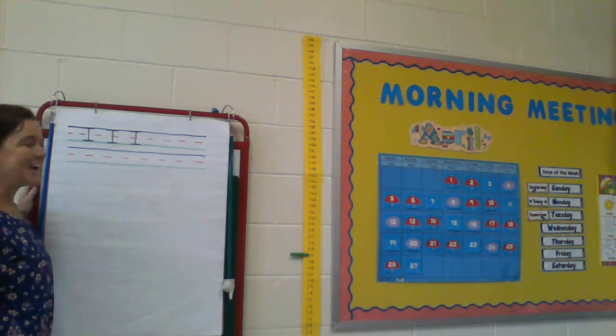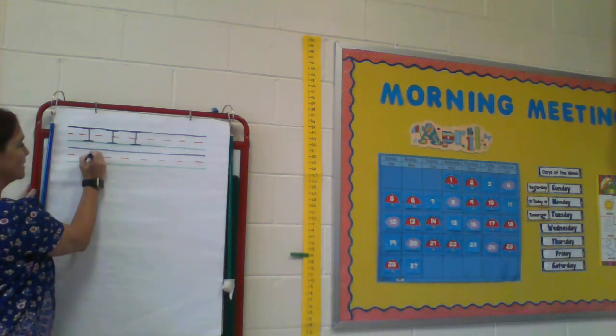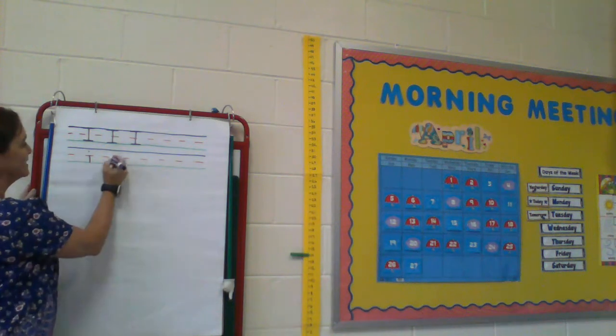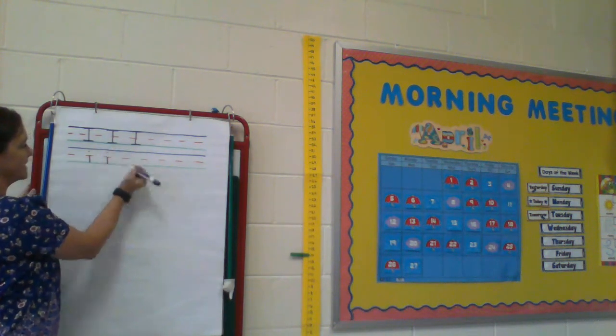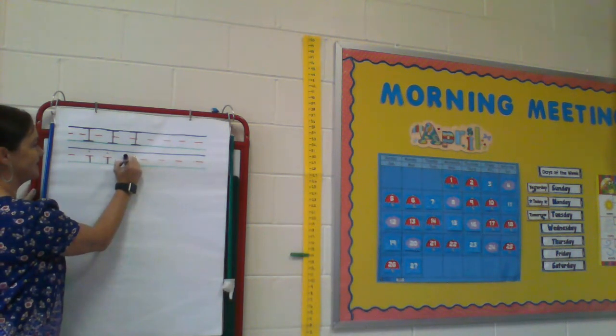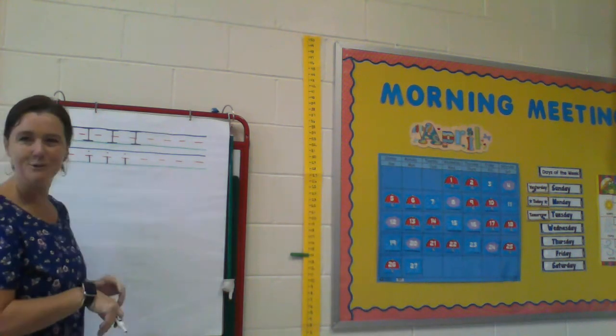And then our little I starts in the middle of the line at the red dots. And you just do line down, and then you go up and you give it a dot. So line down from the middle and give it a dot. Very easy. That will take you no time.